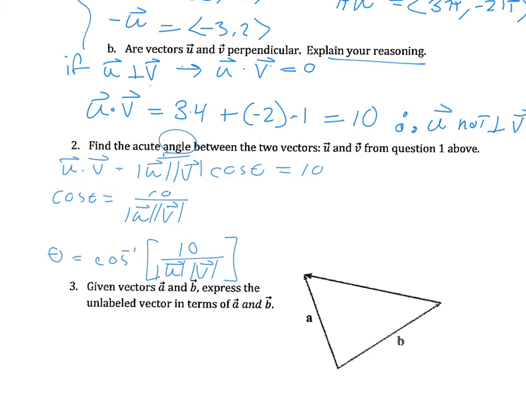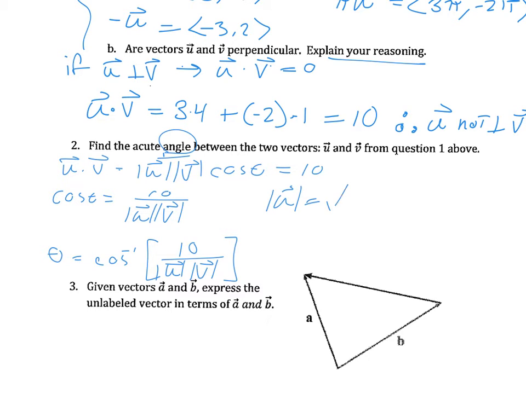Now, this is something we can calculate if only we knew how to figure out the magnitude of u and the magnitude of v, which isn't that bad either. So magnitude of u, finding the length of a vector. If you know the components of the vector, that's like seeing the legs of a right triangle, and what you're trying to do is figure out the hypotenuse. So the Pythagorean theorem works here. You can do Pythagoras on the components and get the length of the vector.